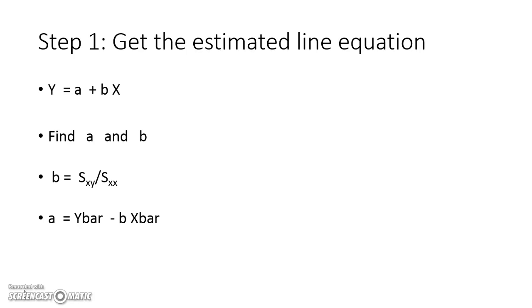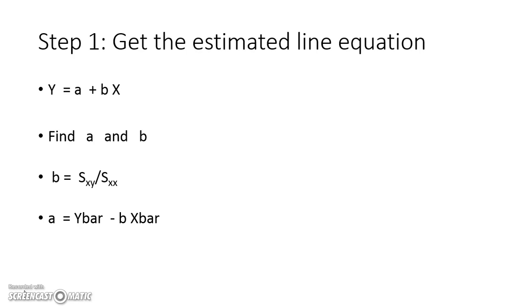That is, xi minus x bar and yi minus y bar. You multiply the individual values, then sum them up. That is Sxy. Once we get these results, we can get the value of b.